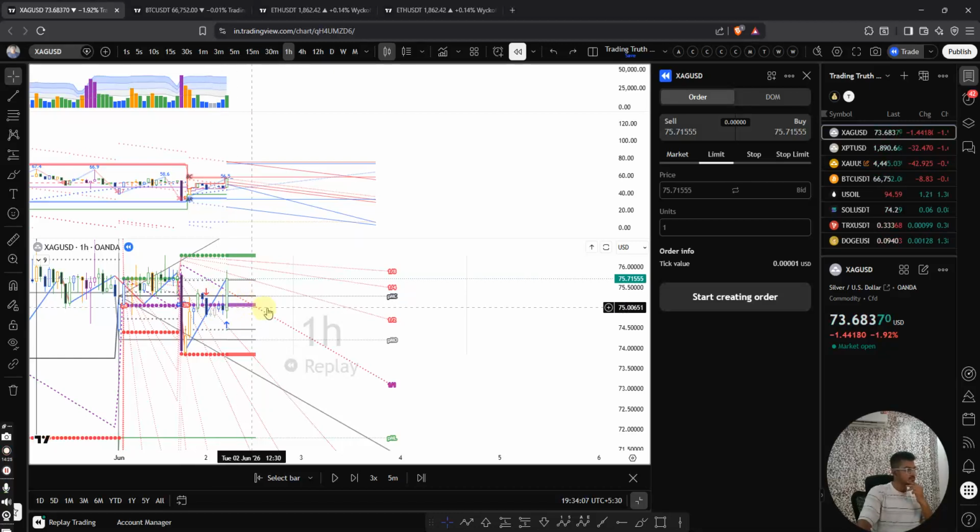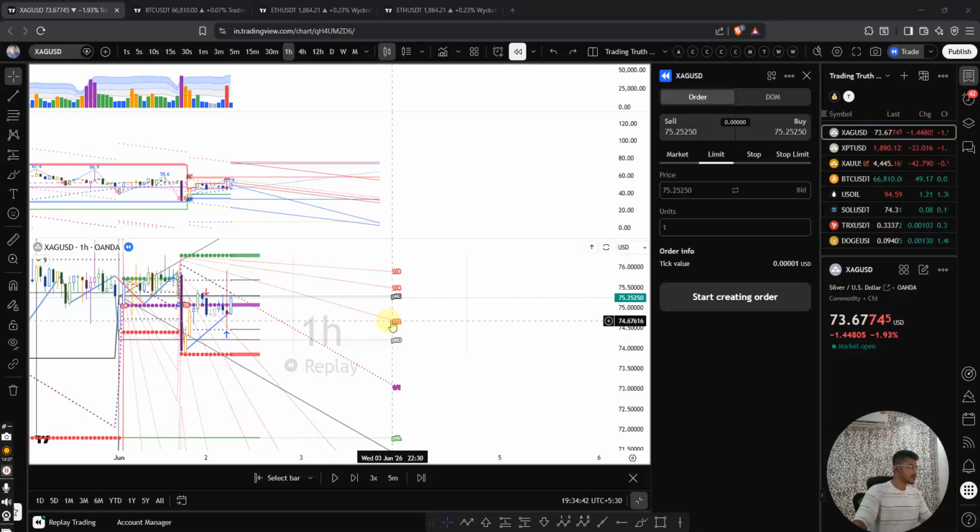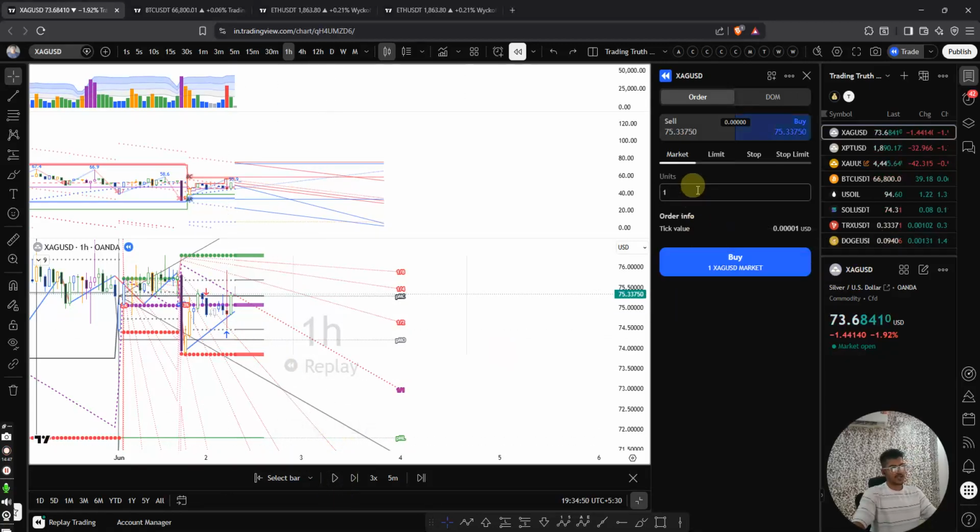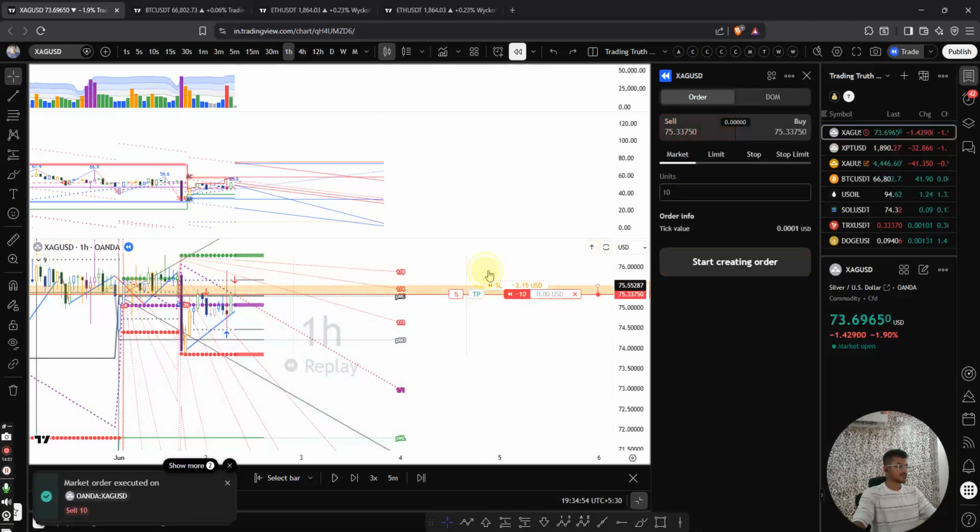Good. So I'll just let it run, and we'll see how it goes. So it's taking resistance on this one. I'll do it again. I'll actually sell it.